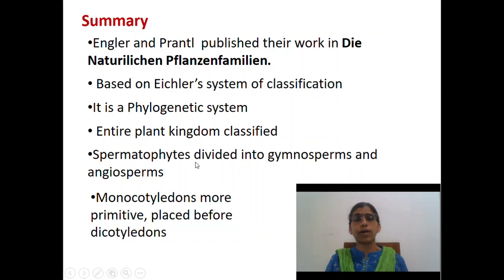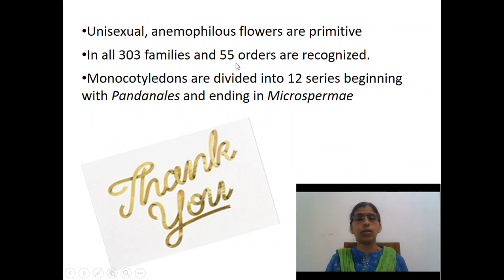Spermatophytes is divided into Gymnospermae and Angiospermae. Monocotyledons are considered most primitive and placed between dicotyledons and gymnosperms. Unisexual anemophilous flowers are considered primitive. In all, 303 families and 55 orders are recognized.